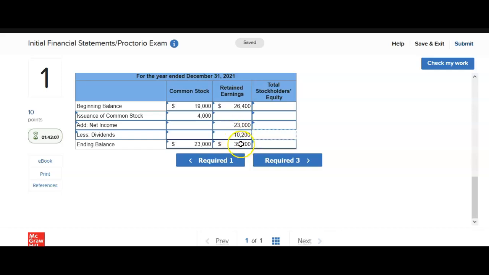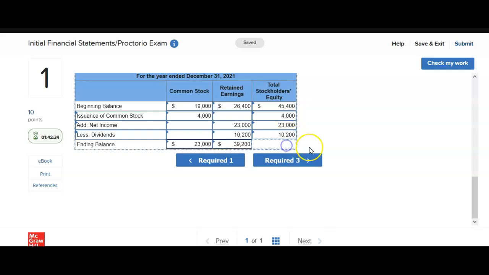So anyway, now stockholders' equity. We just total everything across. So the 19,000 plus the 26.4 is 45.4. The 4,000 comes across. Only one thing there. Net income comes across. Dividends next, 10.2.